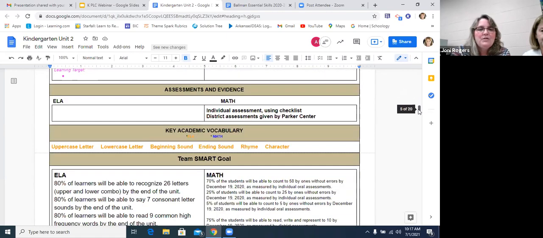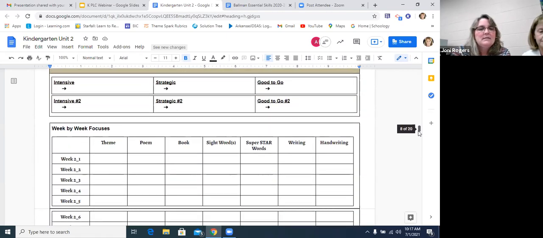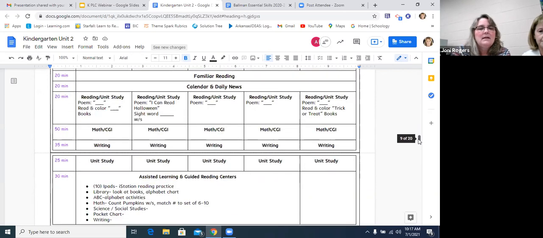But I want to show you some of our lesson plans. This is just a basic outline that we keep to give us an idea of where we're going. When we're doing our long-term planning, we start and think, okay, how many weeks do we have in October, and what kind of things do we want to cover?